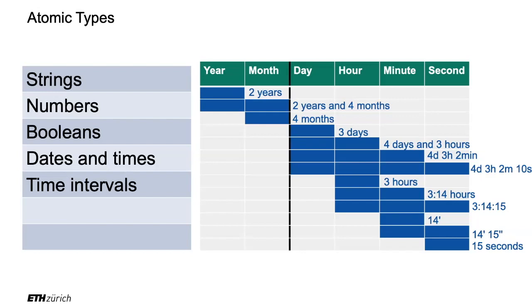Exactly, it's not exact. Did you also want to say this? Awesome. Yes, indeed, because in a month, you might have 28, 29, 30, or 31 days, right? Because of the ways the calendars are built. So this is why you should avoid crossing that line, right? But if you say years and months, that's unambiguous. There's always 12 months in a year. And the same on the other side, there's always 24 hours in a day.